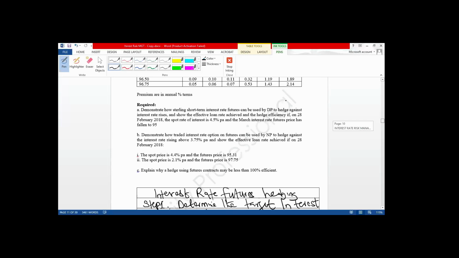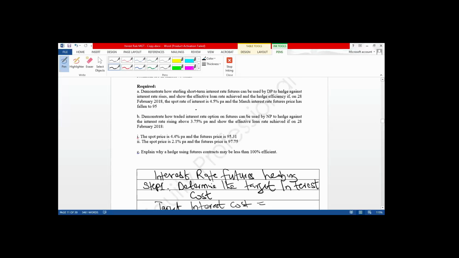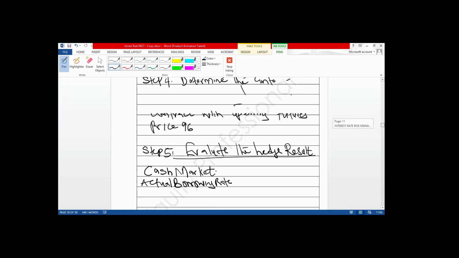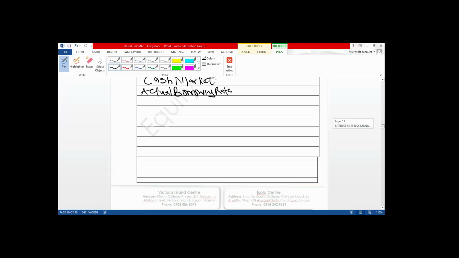The examiner says if on 28th February, the spot rate of interest is 4.5%, that means on that date, the actual borrowing rate is 4.5%. You pick the rate.